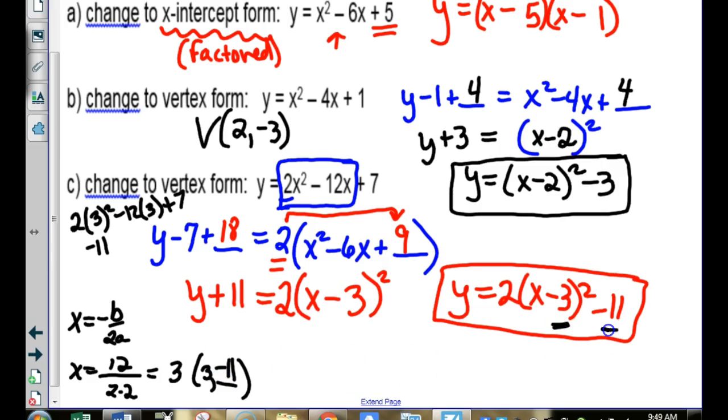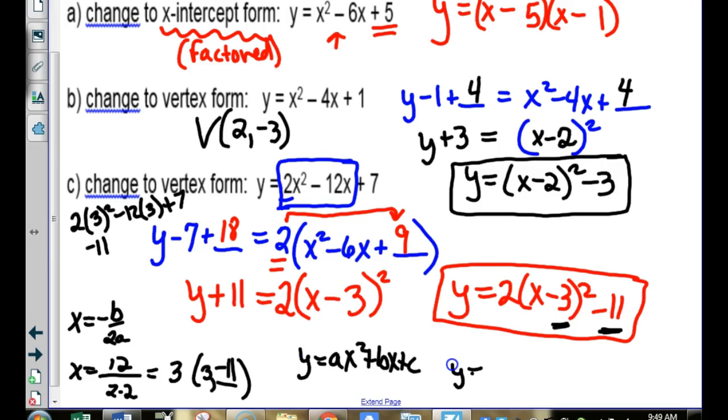Could I have just plugged the 3 and the negative 11 into the form? What's the number that I also have to remember, though, to finish this? The stretch still stays the same. Do you notice? Let me write this form. This is what we started with.